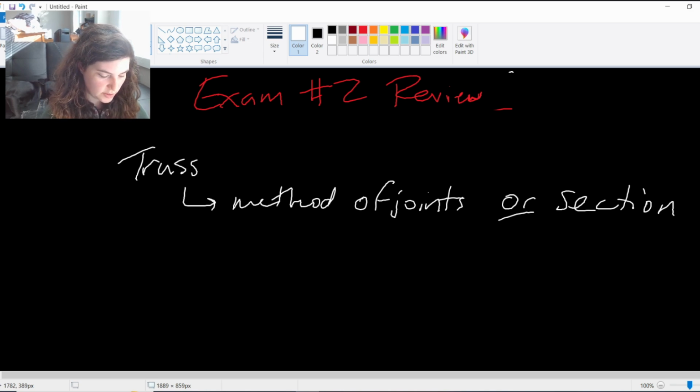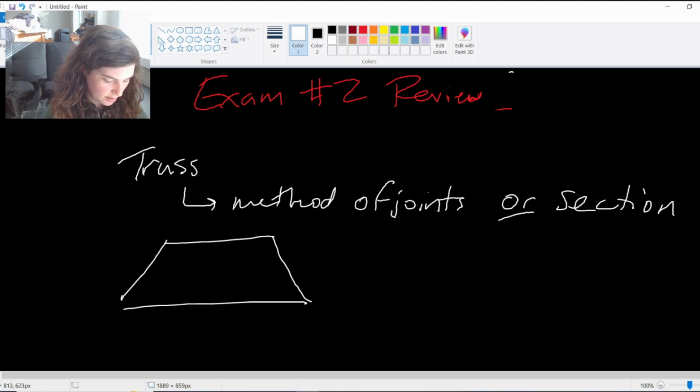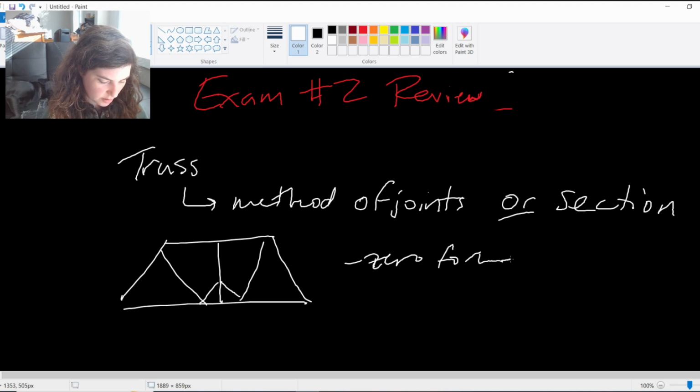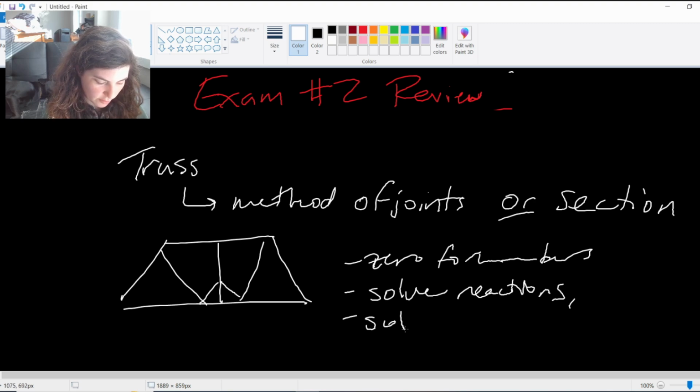You're able to follow the steps of looking at a truss, identifying the zero force members, solving for the reactions, solving for the forces within the members themselves, and then whether those members are in tension or compression.